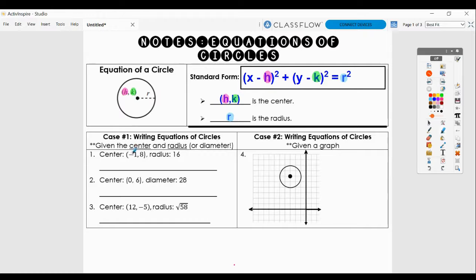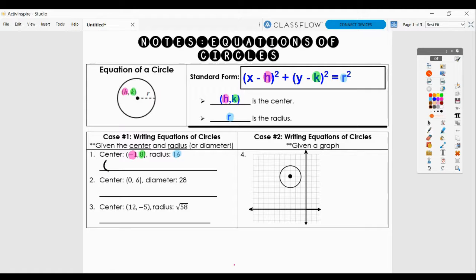We're going to highlight our important variables here that we're going to replace. The h is the x value of the center, and the k is the y value of the center. Radius will be our r here. So we have h, k, then r.